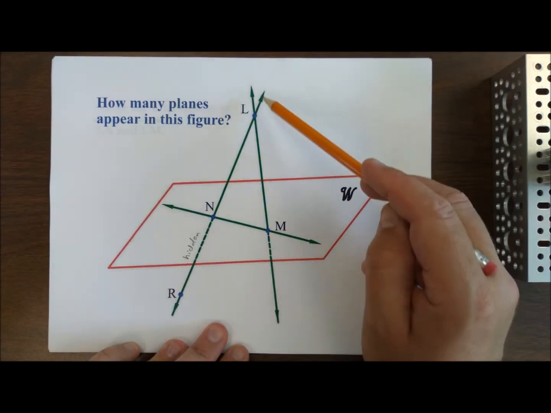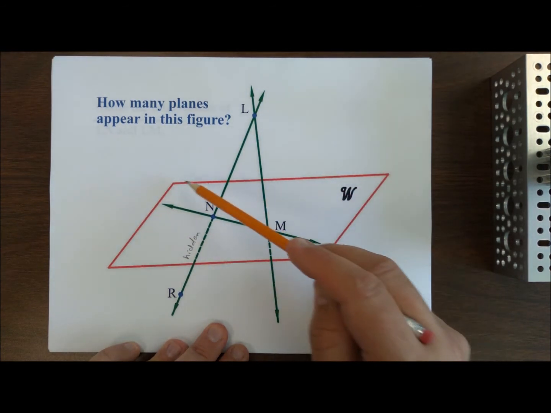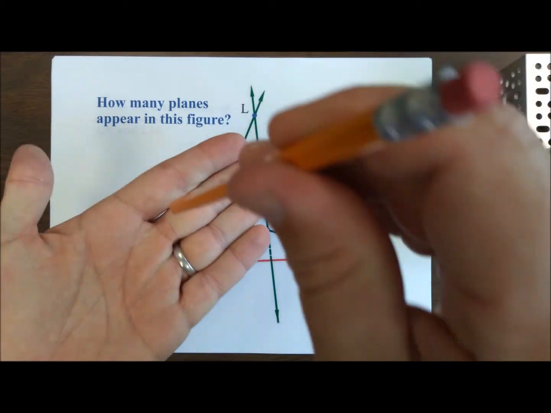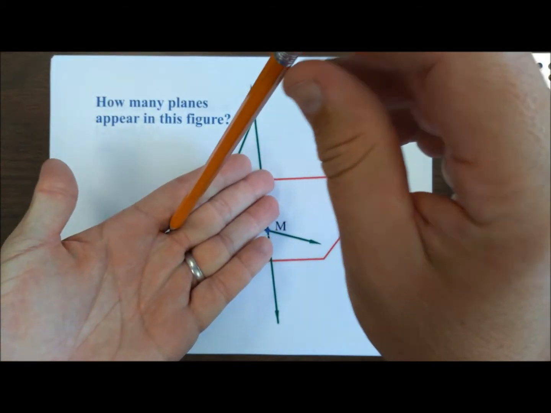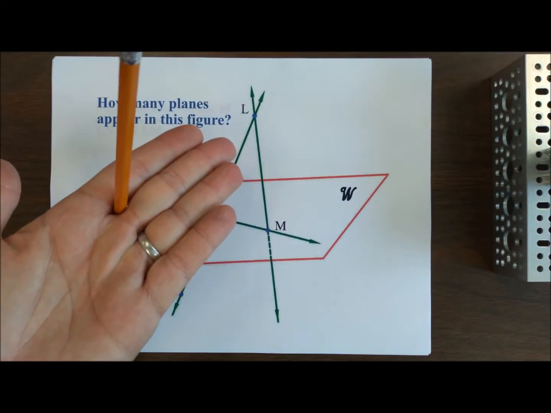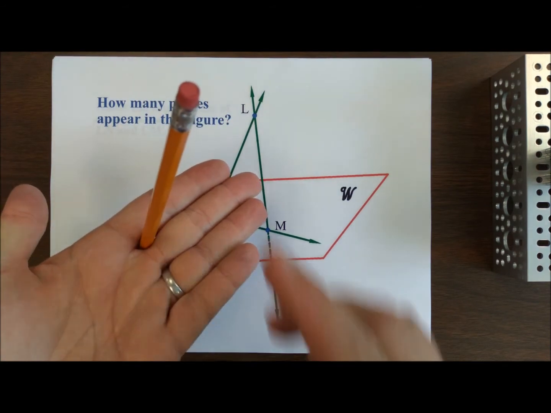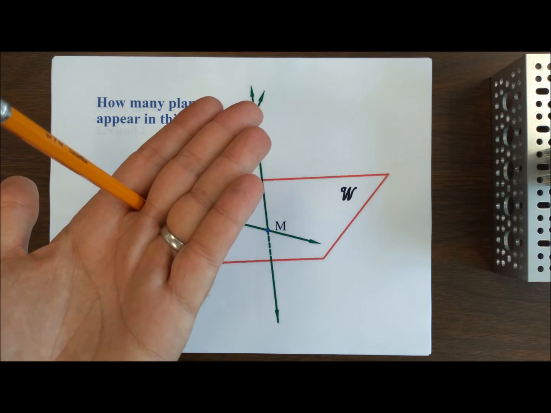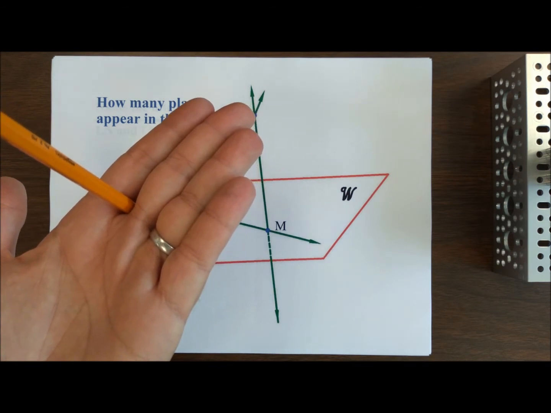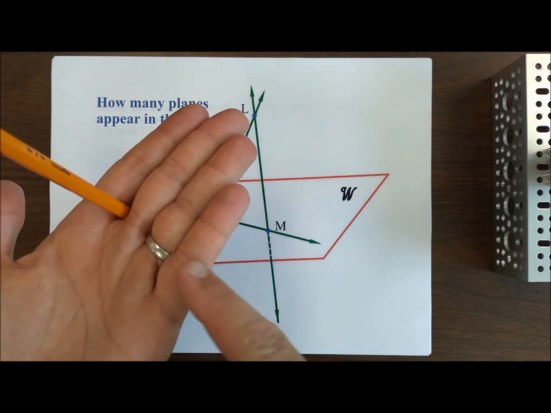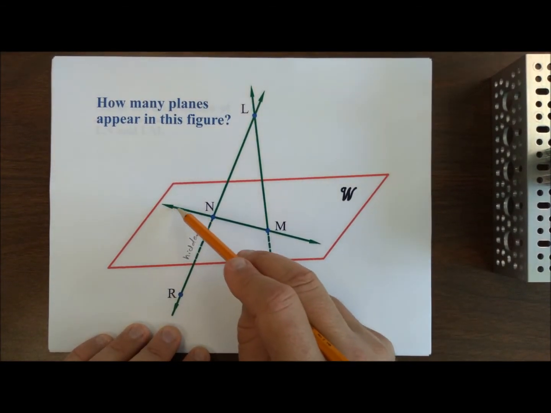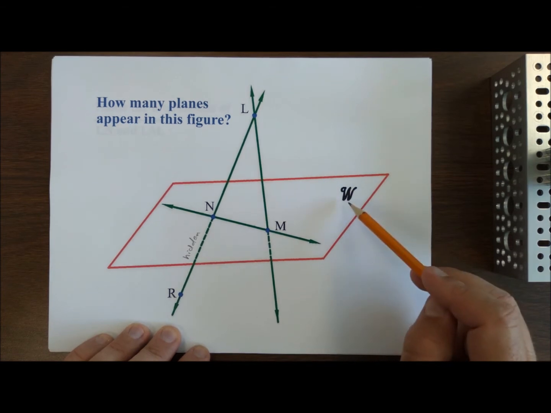So in other words, this line isn't in this plane. It's coming down, and it's going through it. Picture this line going through that plane, if my hand was the plane. And you can't see the part of the line or the pencil that is below the plane, right? But on paper, we can draw it. We can draw it as a dashed line that continues on through. So what that's telling us is that line NM is in the plane.